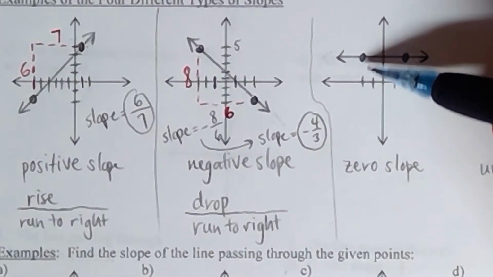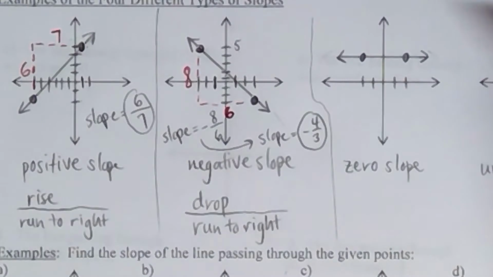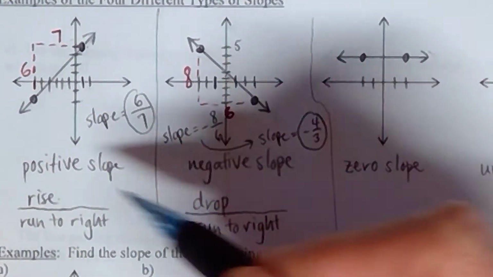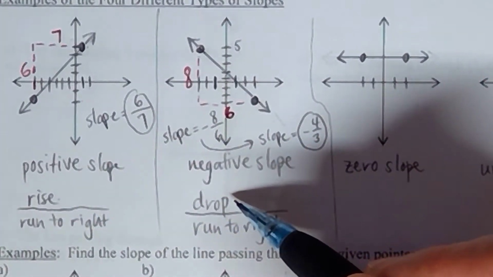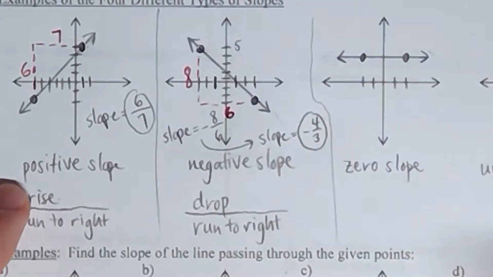It doesn't rise or drop at all, right? When something goes straight across like that, it's not rising at all and it's not dropping at all. So that means that the numerator of the fraction, whether you look at it from a rising perspective or a dropping perspective, either way, the answer on top should be 0 because it's not rising or dropping.